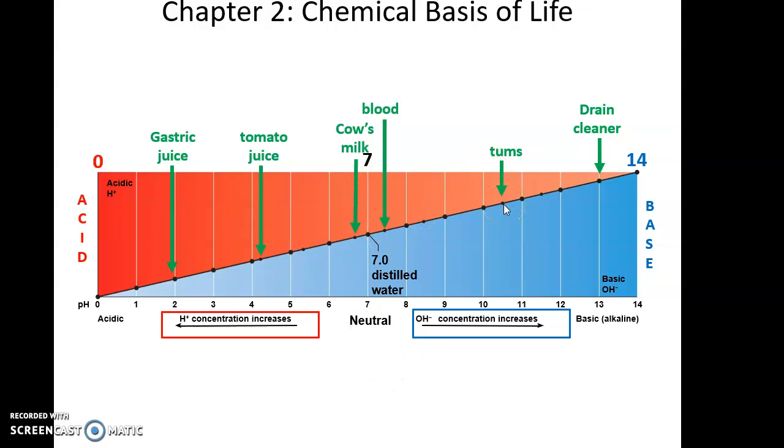Tums, that antacid, is alkaline or basic. It's opposed to acids, it's a base. And then drain cleaner is super basic. Breaks things down amazingly well as a super high concentrated base. So again, extremes of the pH are extremely dangerous.